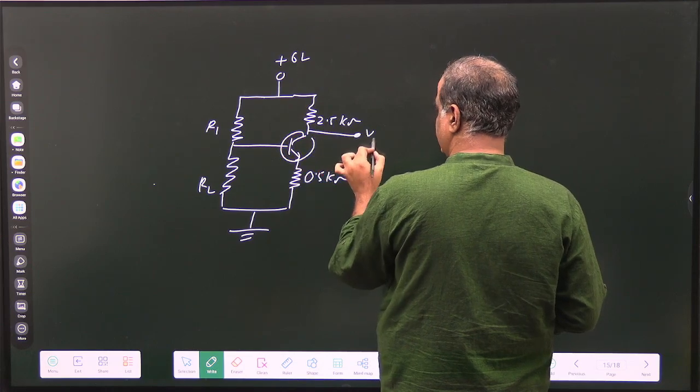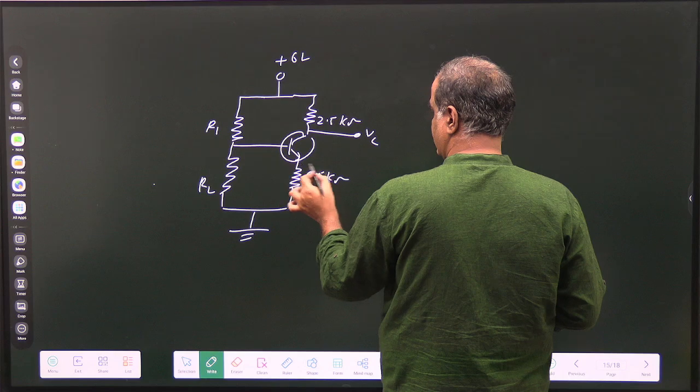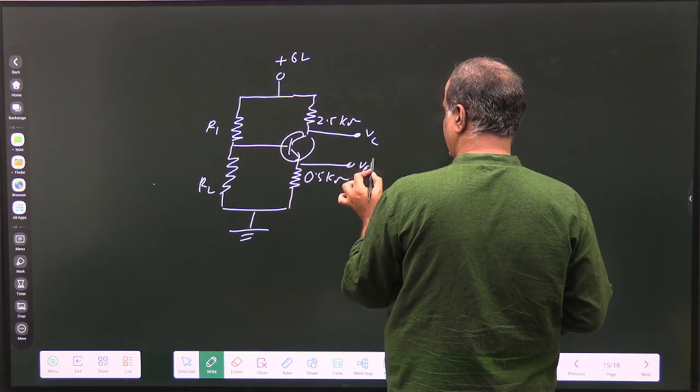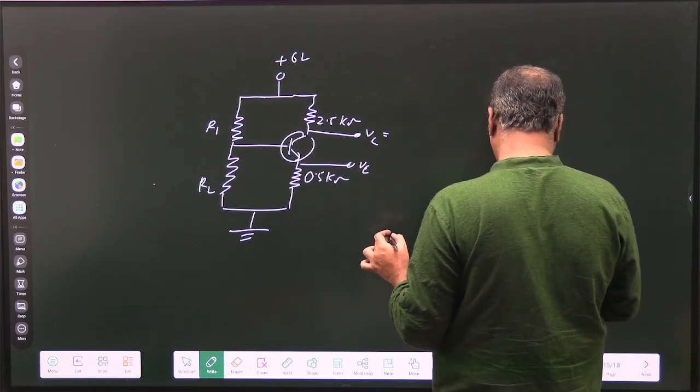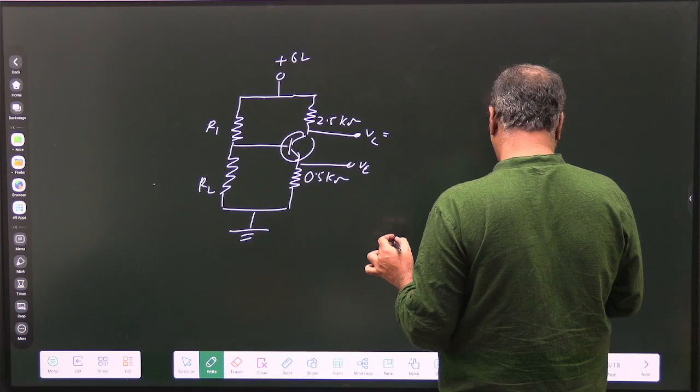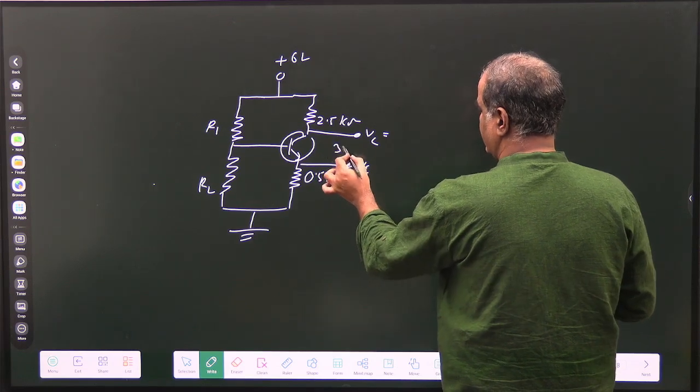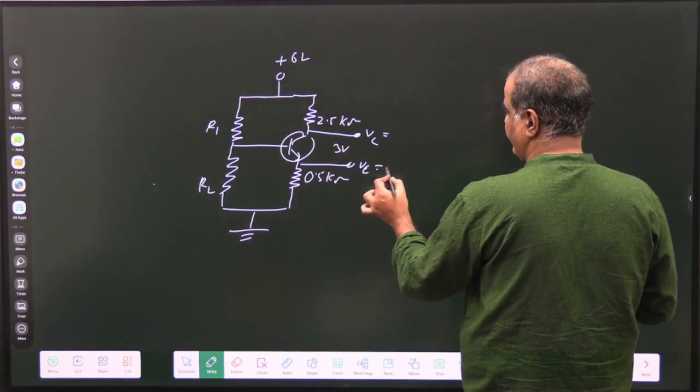This is your VC and this is your VE. VC and VE both are given. VC is given as 3 volt, and VE is given as 0.5 volt.